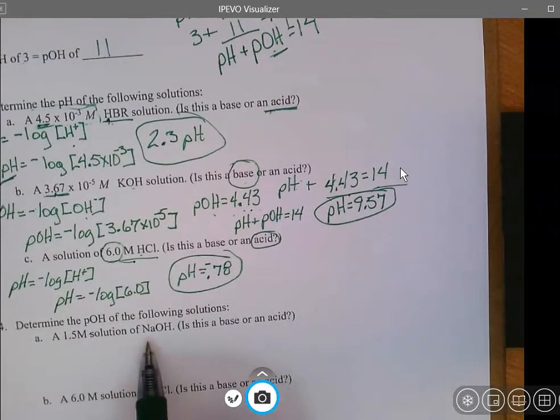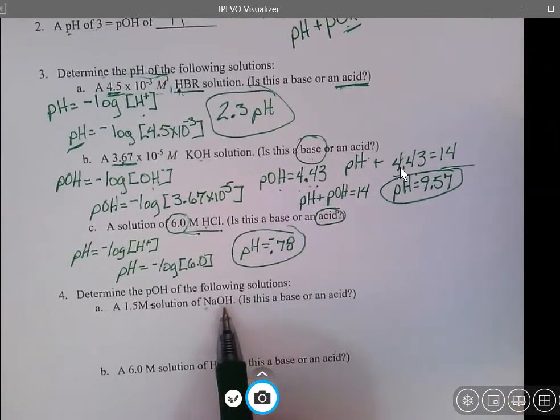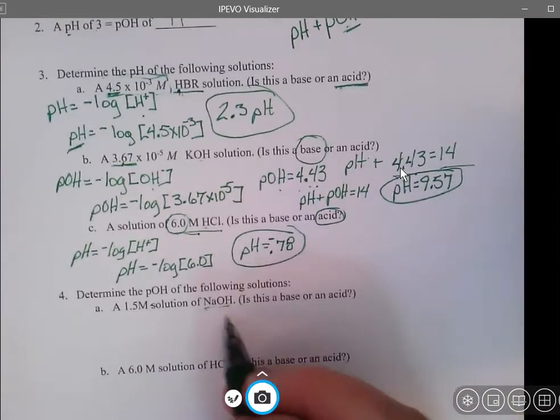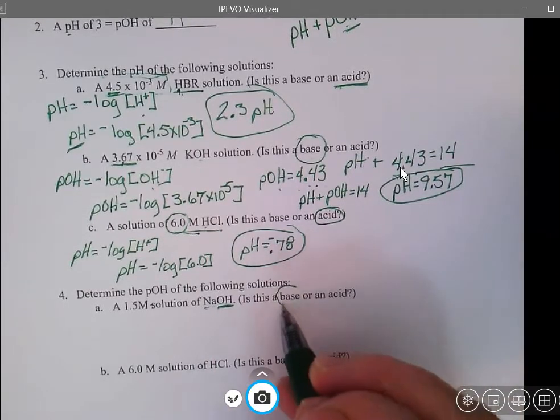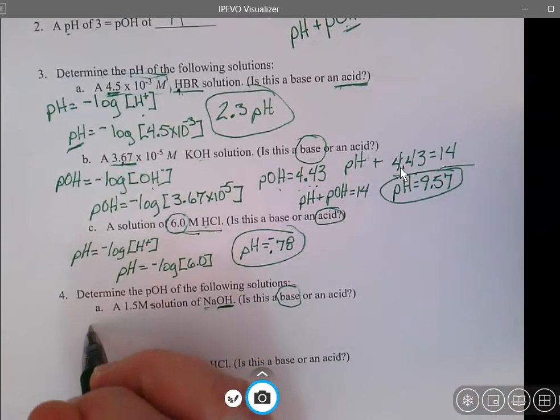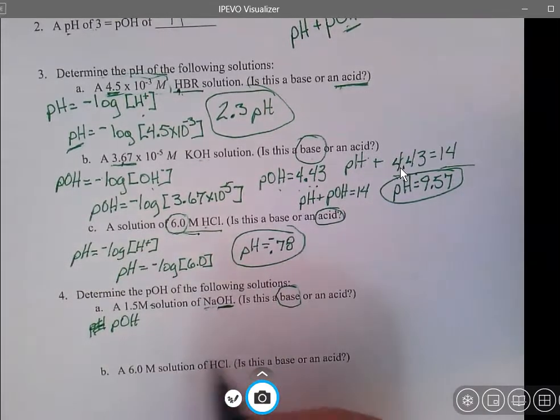Okay. So we have NOH. Is this an acid or a base? What is going to separate? Is the hydrogen going to separate, or is the OH going to separate? Well, if we finish with OH, that's our biggest hint. This will be a base, so we're going to find the concentration of OH.